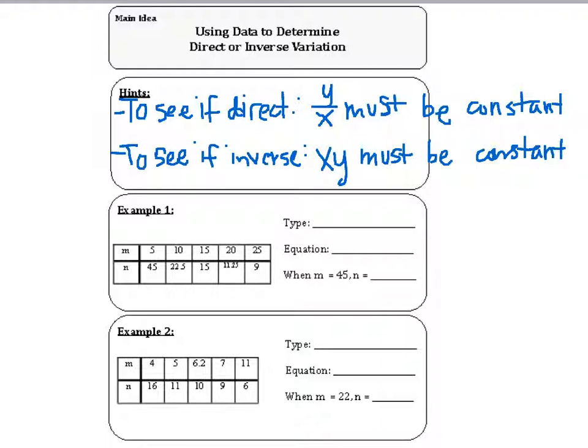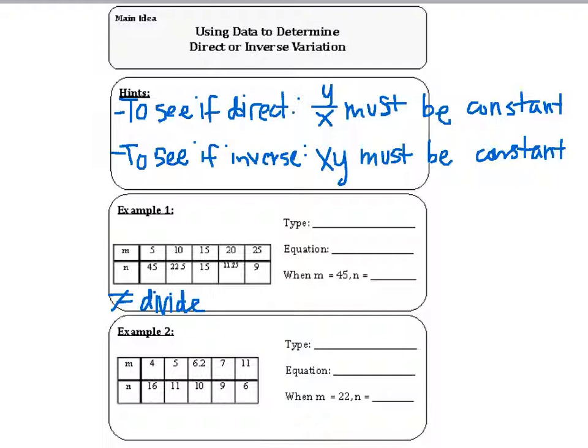So let's look at example 1 here. If I do 45 divided by 5, I get 9. If I do 15 divided by 15, I get 1. So 9 and 1, are those equal? No. So it's not equal when I divide.